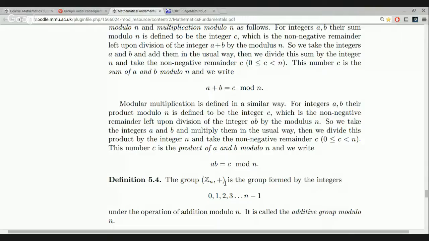This group has the very nice property that it's generated by just one of its elements. Because this bunch of equations shows that if you start with the element 2, that's all you need. 2 to the 0, by definition, gives 1. 2 to the power 1 is itself, 2. 2 squared is 4, 2 cubed is 3, 2 to the power 4, you're back to 1 again. So using powers of 2, you can generate the whole of the group.